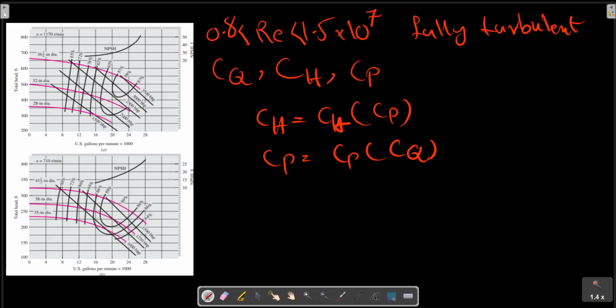The efficiency eta is already dimensionless and is uniquely related to the other three, and it varies with CQ also. Eta can be written as a function of CH, CQ, and CP.